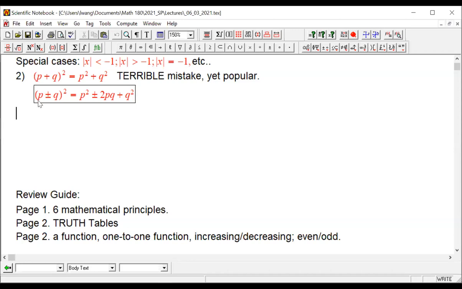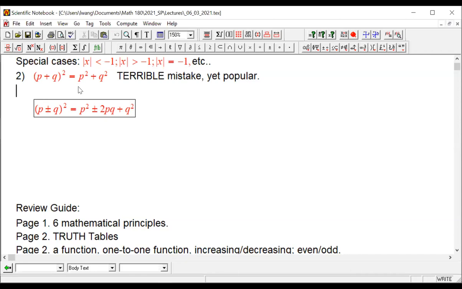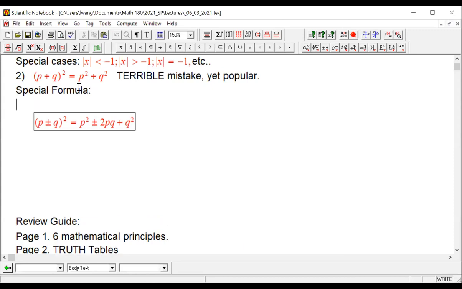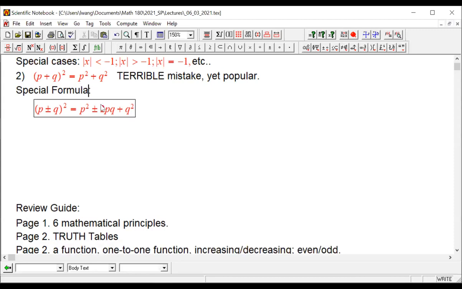So as we get to this, we'll have to address some of the special formulas, right? These two are special formulas, probably I should use the plural, right?